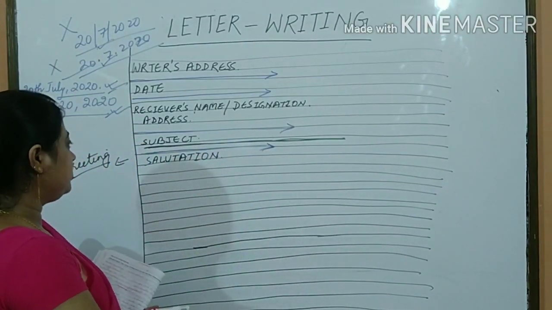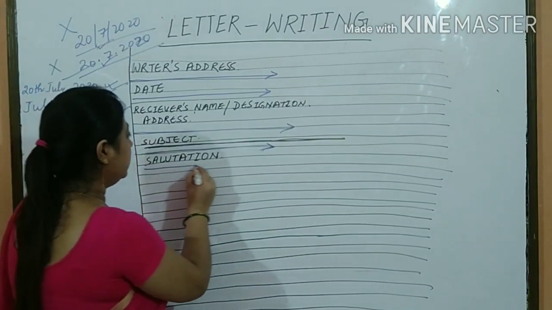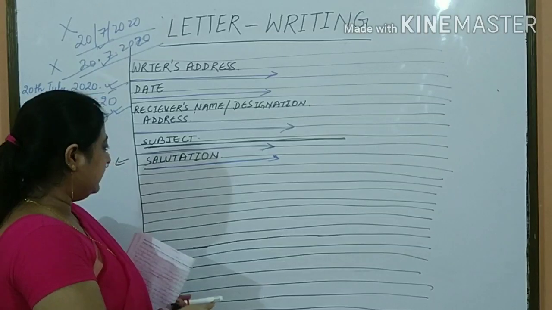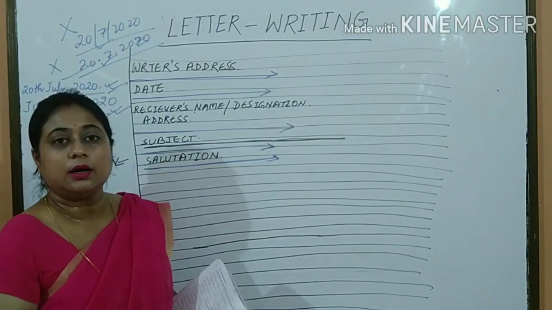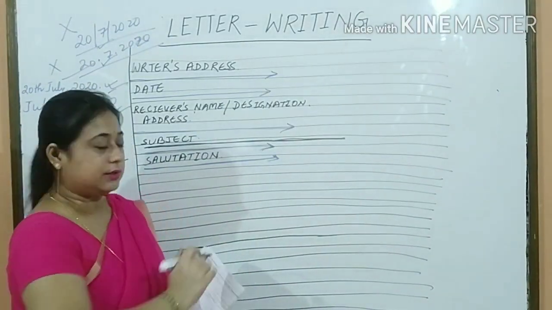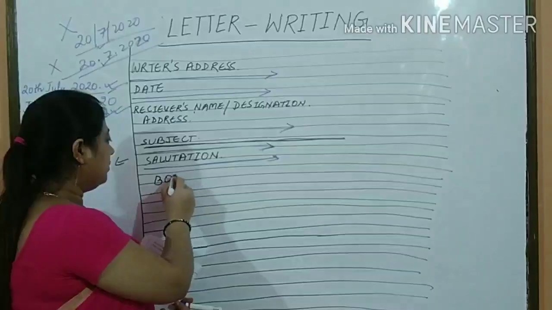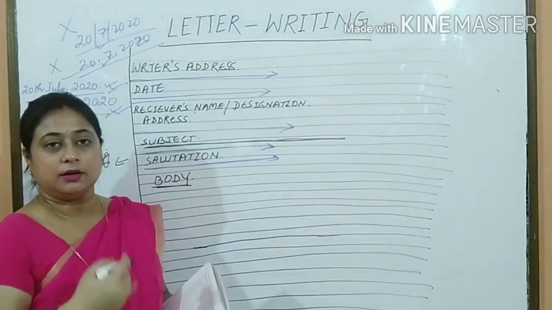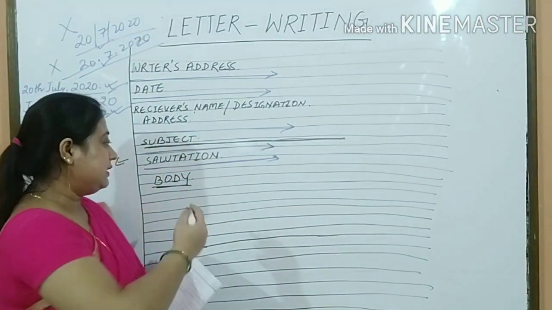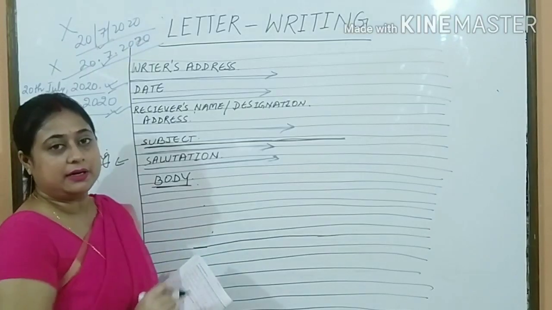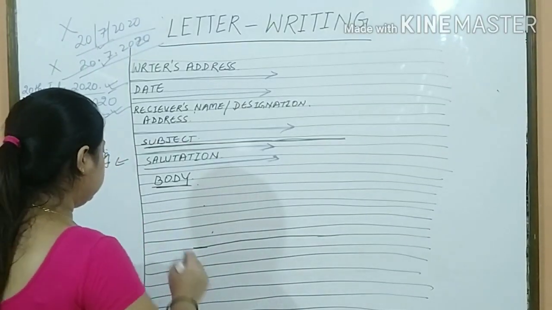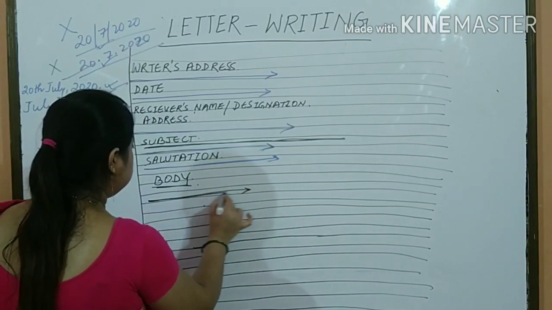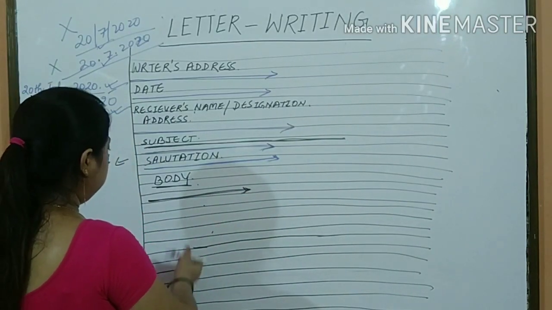After the salutation, again you will be leaving a line. Leave a line and then you will be writing the body of the letter. So here is the body of the letter. This I will be dealing with in detail further in the video, that it should be in 3 paragraphs. After writing the body, again you have to leave a line.